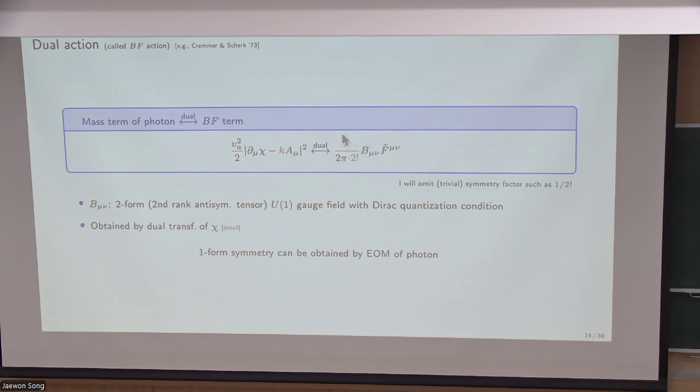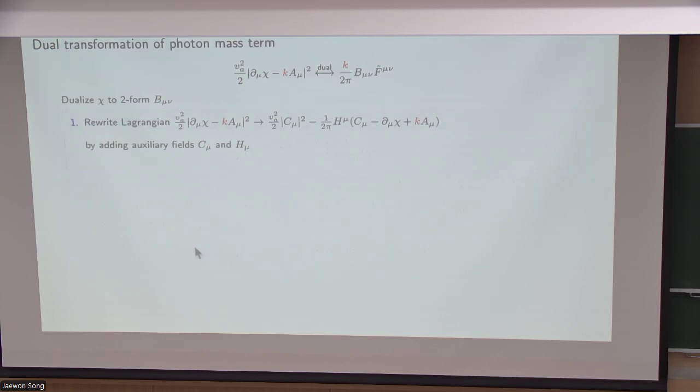Here I have introduced the two-form, a second-order antisymmetric tensor U(1) gauge field, which means that we have imposed the Dirac quantization condition. This dual transformation is basically a Legendre transformation, but let me explain this briefly.